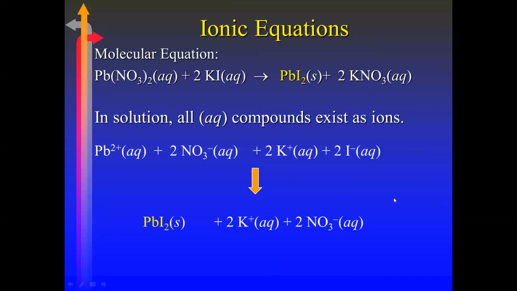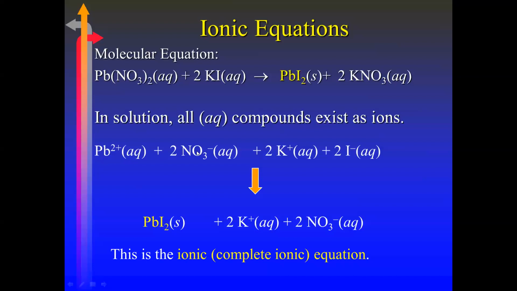So this equation, we give it a name: the complete ionic equation. It's understandable because in the whole equation, as long as compounds are soluble in water and can dissociate into ions in solution, we write them in the form of ions.